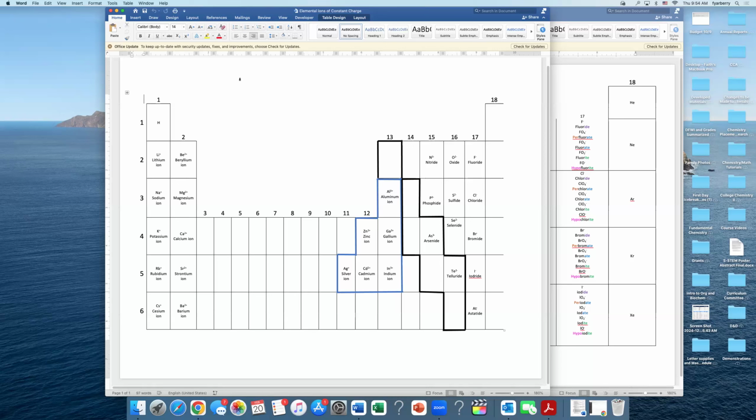Your group 16 nonmetals and metalloids always form a -2 charge if they are part of an ionic compound. And your group 17 nonmetals always form a -1 charge if they're part of an ionic compound.